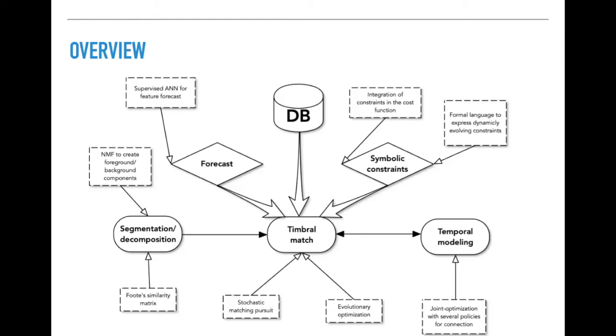And finally, we do a temporal modeling. So we jointly optimize and we apply some policies for temporal connection. As you can see, between the match and the temporal modeling, there is a twofold arrow, meaning that I go back and forth between the optimization and temporal modeling to actually jointly optimize the solution across time.